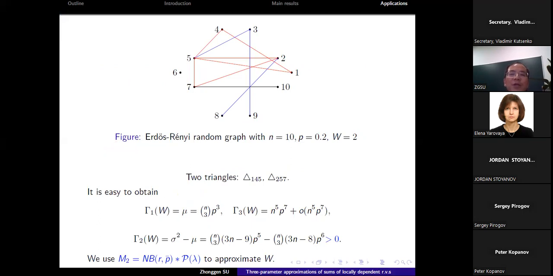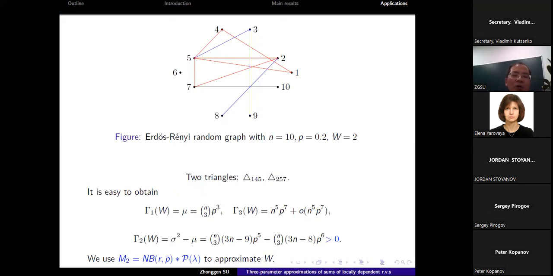Look at this example. Here n equals 10, p is 0.2. There are only 2 triangles in this random graph. One is 1, 4, 5. The other is 2, 5, 7.